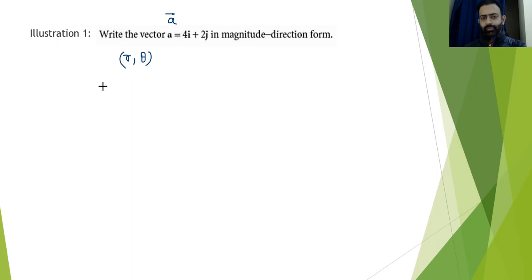Okay, so it will be like this, that 4 you have traveled in the x direction, so this is 4 units, and this is 2 in the y direction. It means this vector, for example. Okay, this is 4 units and this is 2 units in the y direction, right?